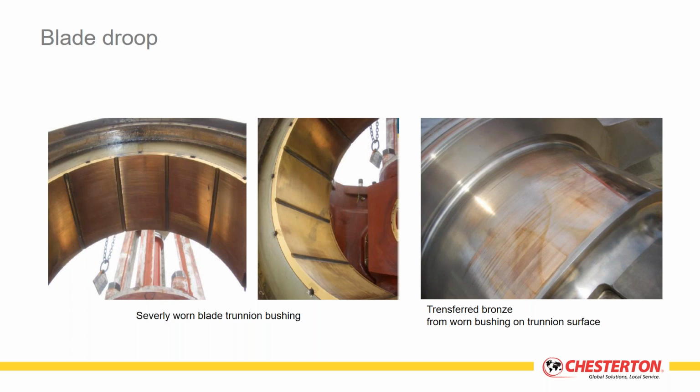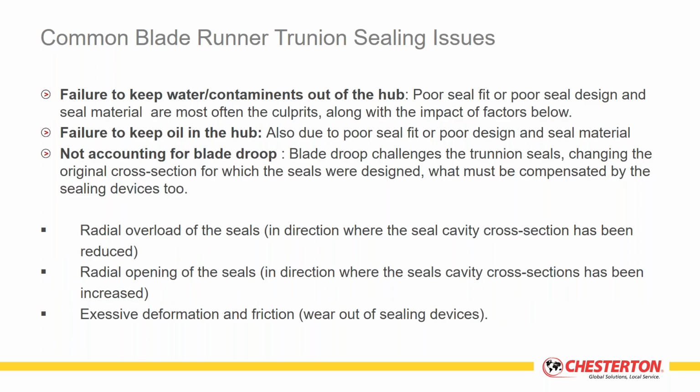On the right hand side, you can see from the same application, from the same turbine, the trunnion itself. And the interesting thing is that you see the color of the surface has changed, and it is brownish. Why? Because the bronze transferred from the bronze bushing to the surface of the trunnion itself, meaning that there was high friction and excessive wear between the trunnion and the bushing surface.